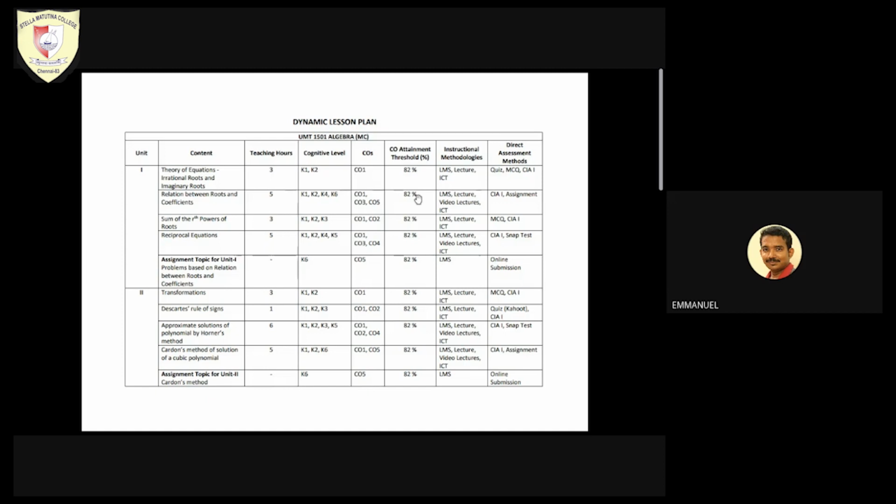Online examination might have fetched them higher marks. If that is kept as the attainment threshold, the next batches will be getting back to the usual mode and taking up the usual examination.